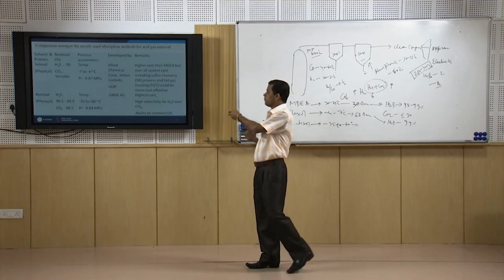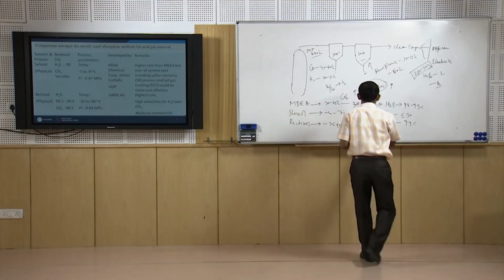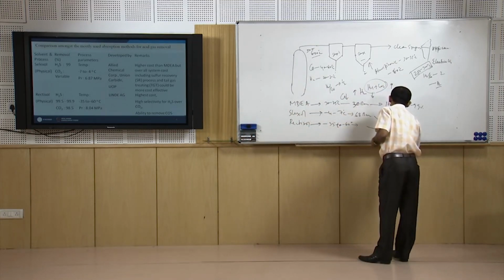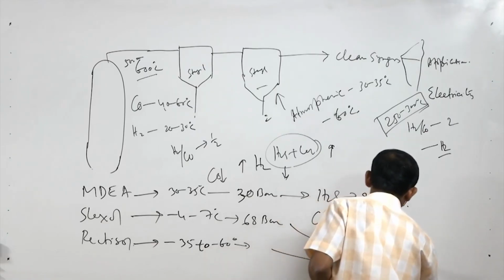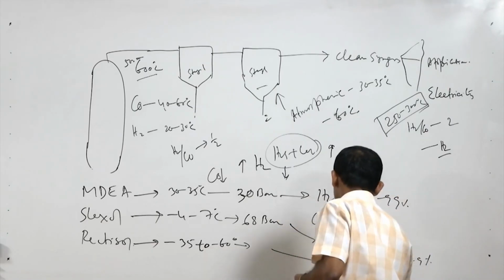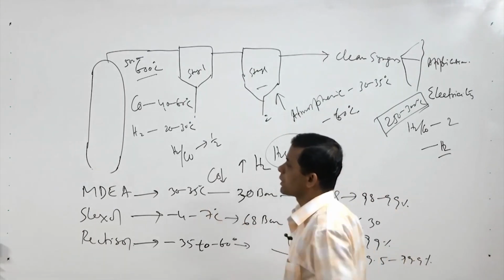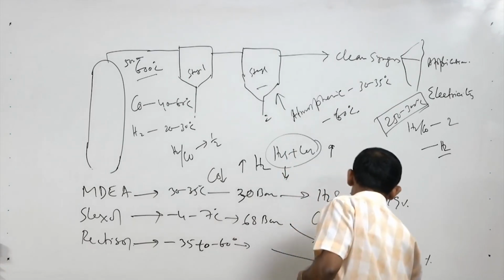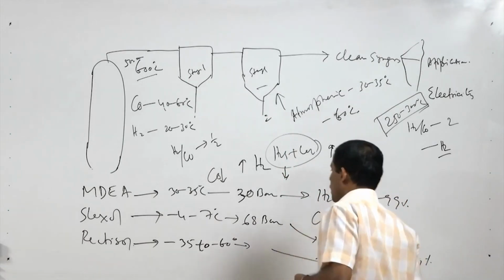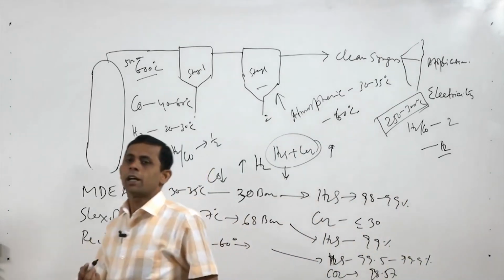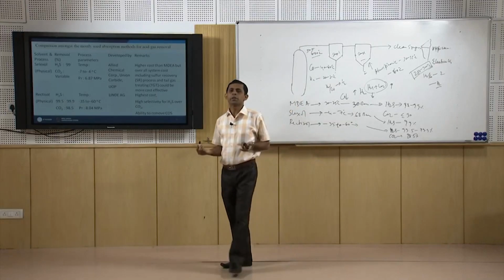So, this has 99.5 to 99.9% H2S removal, and CO2 removal is also around 98.5%. So, efficiency-wise Rectisol is the superior one.